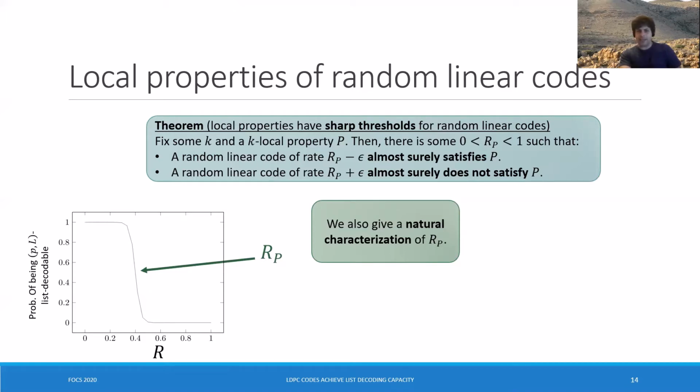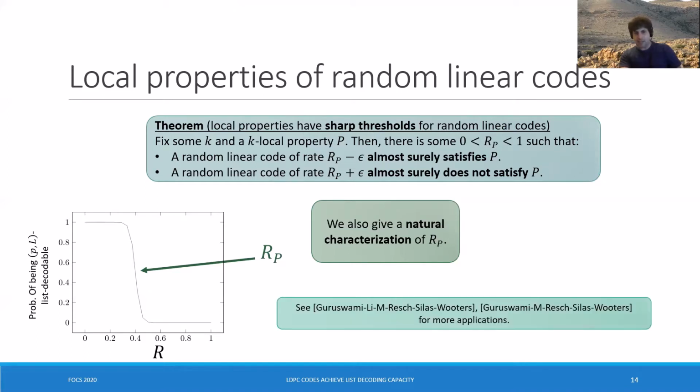It's a very natural characterization, and it serves as a crucial component later in our proof of the main theorem about the reduction from Gallager codes to random linear codes. And finally, I just want to note that this sub-theorem has already been applied in some other works since we originally submitted this paper. It was applied in works that are also related to list decoding and list recovery.